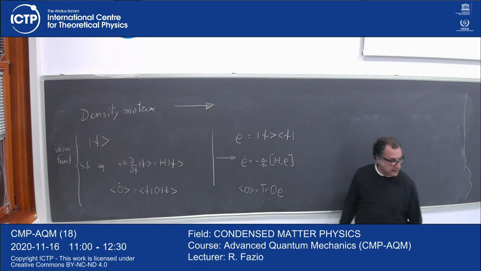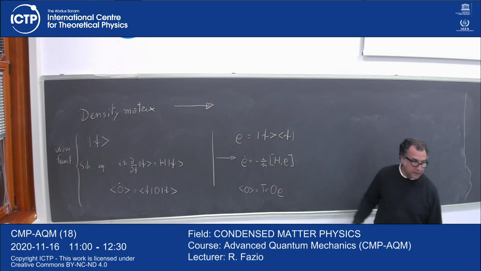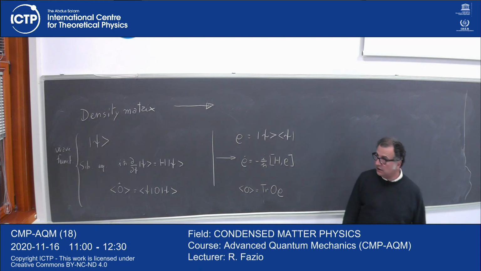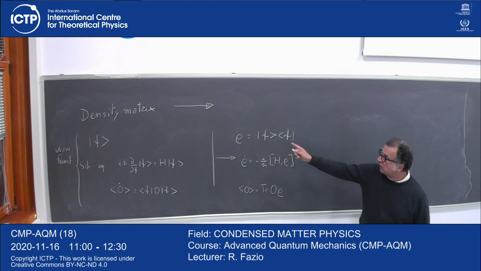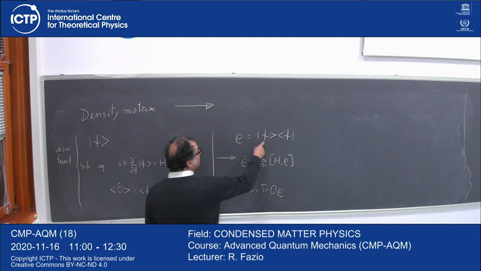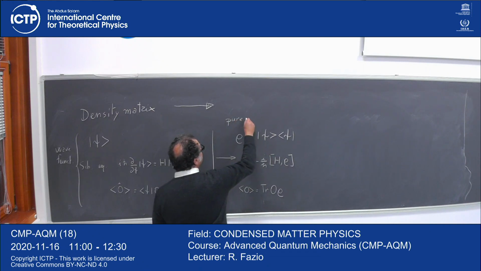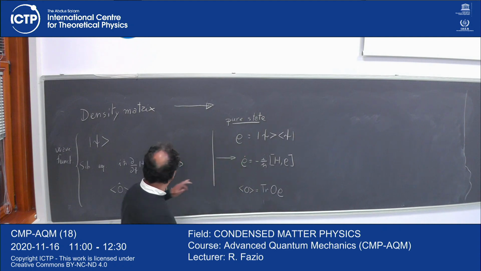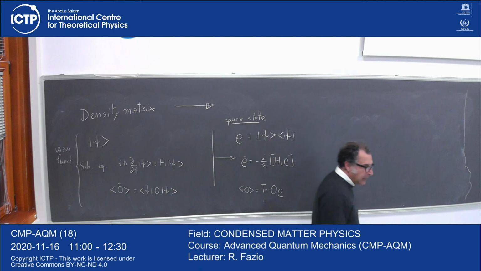In the Heisenberg picture it's the other way around. Here, the fact that rho is an operator means it is the only operator which evolves in the Schrödinger picture. Now in this particular case, when rho is given by this projector, which I remind you last time we called a pure state, using rho or using psi is totally identical.